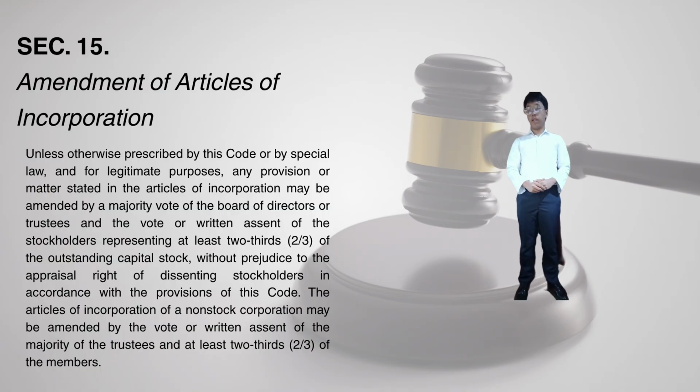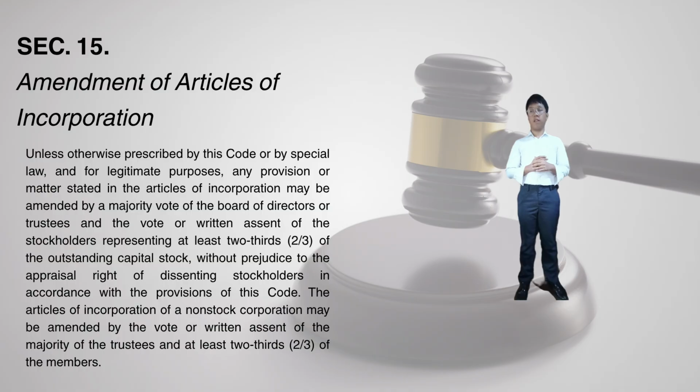The original and amended articles together shall contain all provisions required by the law to be set out in the articles of incorporation. Amendments to the articles shall be indicated by underscoring the change made, and a copy thereof duly certified under oath by the corporate secretary and the majority of directors or trustees, with a statement that the amendments have been duly approved by the required vote of the stockholders or members.